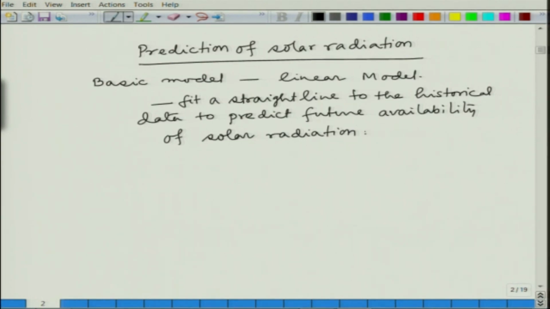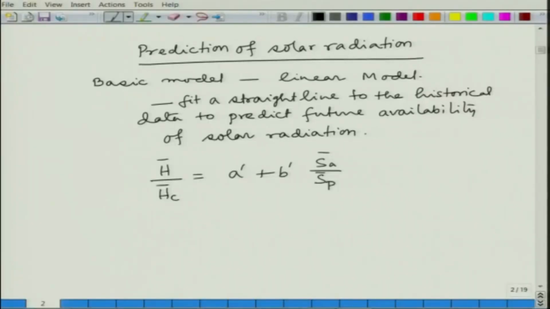So, this we started looking at. The basic equation that we have used is this one. Now we have to understand what these different terms mean.